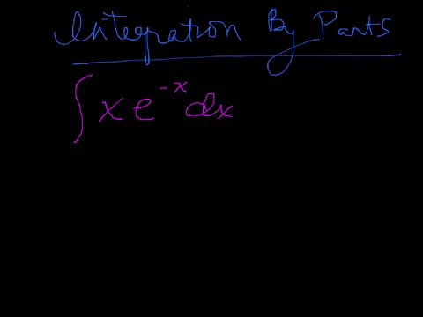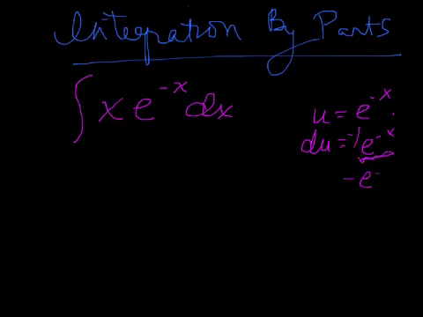Let's say you tried to make u equal e to the negative x, and then du would be negative e to the negative x dx. But there's no way I can tell what x is supposed to do, so I wouldn't know how to substitute in there.